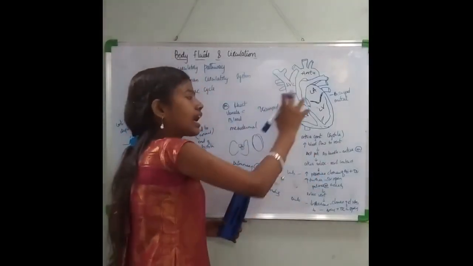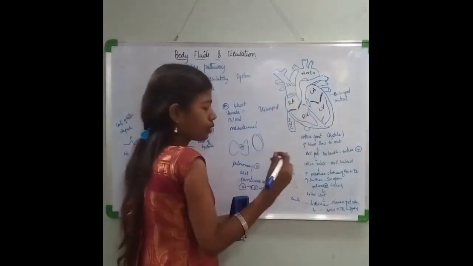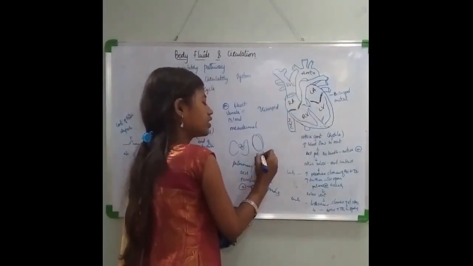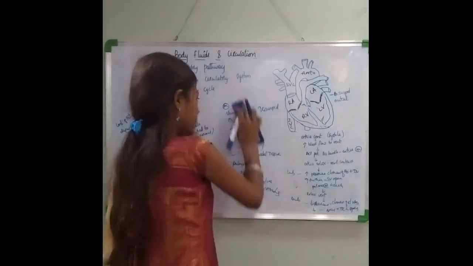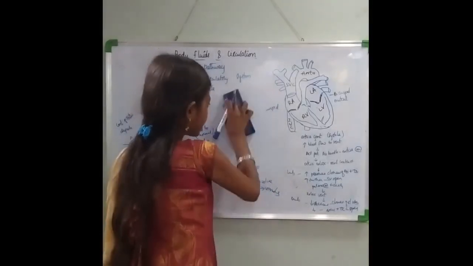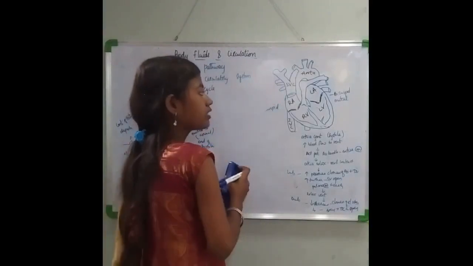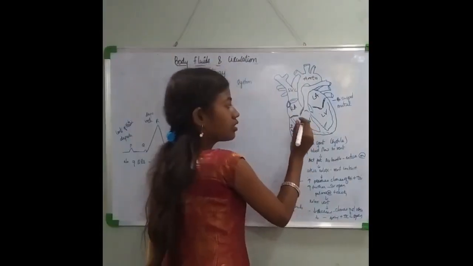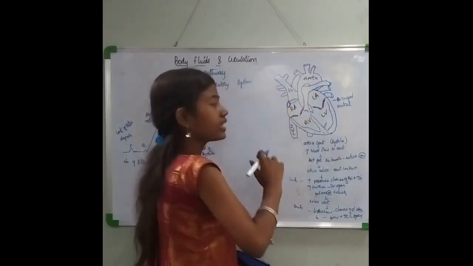Now the cardiac musculature, as I have told you, has a specialized tissue called the nodal tissue. Okay, it has a specialized tissue called the nodal tissue, which is present in the right atrium. As I have told you, the walls of the ventricles are quite thicker when you compare them with the atria.